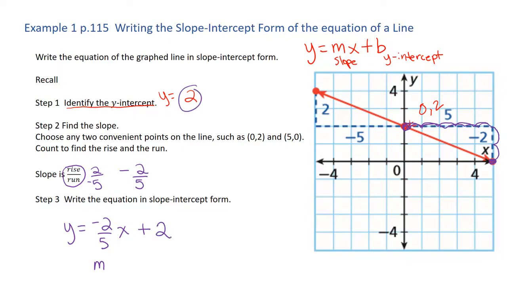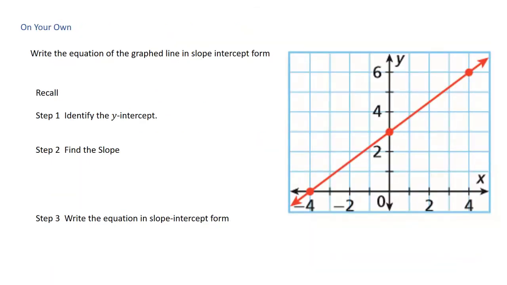So the equation of this line is y equals negative 2/5 x plus 2. You can see that it's in the y equals mx plus b format. Okay, so why don't you try one on your own? Turn the video on pause for a minute, give it a try, and then turn your video back on and check to make sure you got the solution correct.